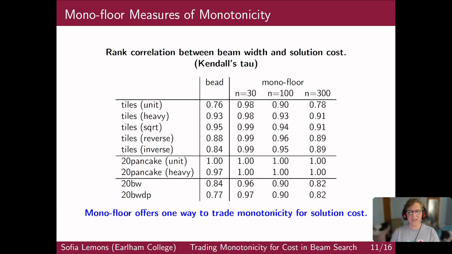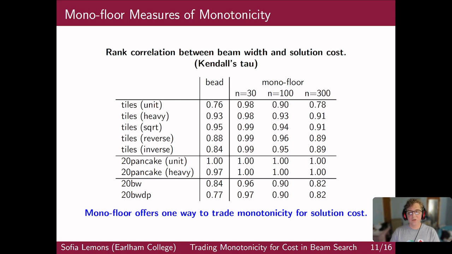And what we see is that in the vast majority of cases, monofloor has a better rank correlation measure than bead, with rare exceptions such as in the 20 blocks world at n equals 300, where the rank correlation of monofloor is slightly lower than the rank correlation for bead.